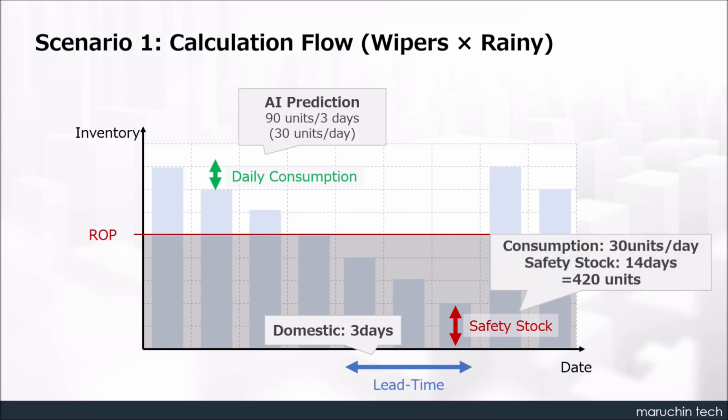With the safety stock setting of 14 days, the safety stock volume becomes 420 units. The reorder point, considering safety stock and the lead time, is calculated as 510 units. Therefore, the system must place an order if the logical inventory drops below 510 units. Since the current inventory is only 50 units, we expect the system to display a message recommending an order of roughly 460 units. We will execute all test scenarios keeping this logic in mind.